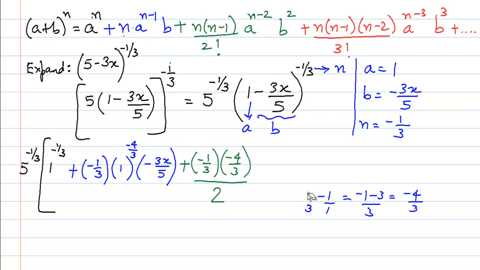Now let me erase this much. A raised to n minus 2. Our a is 1, raised to n minus 2. So we have minus 4 upon 3 minus 2. I'll put a 1. 3 1s is 3, minus 4, minus 3 2s is 6.